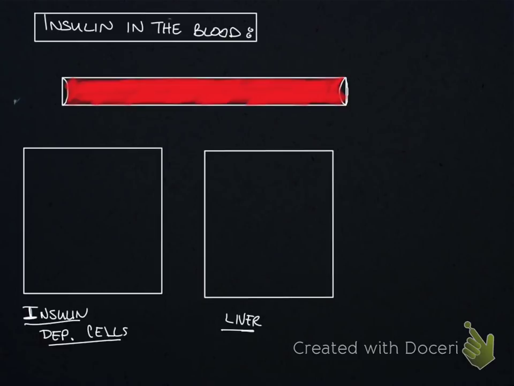So what's the scenario look like in our blood? Well, we know we have glucose hanging out in the blood. And we just secreted a bunch of insulin, so we also have insulin in the blood. And insulin is a hormone, so we're going to need a receptor for this hormone.